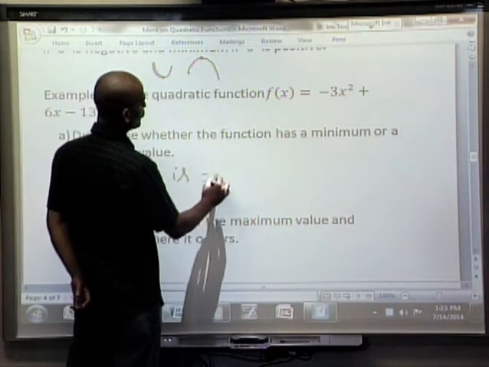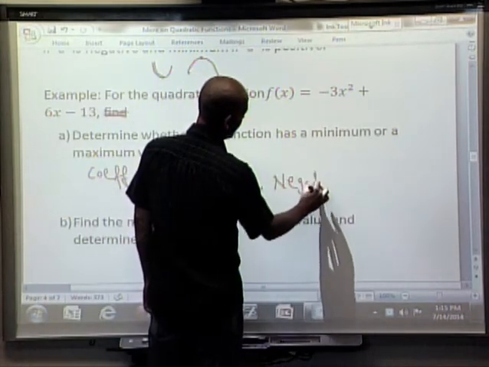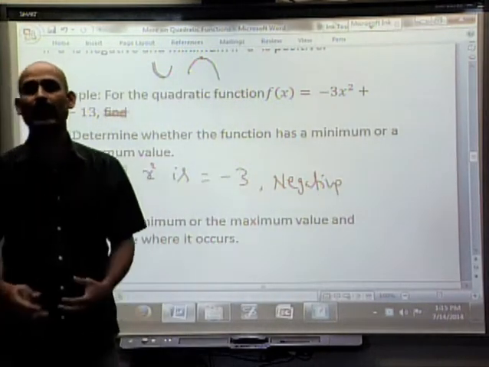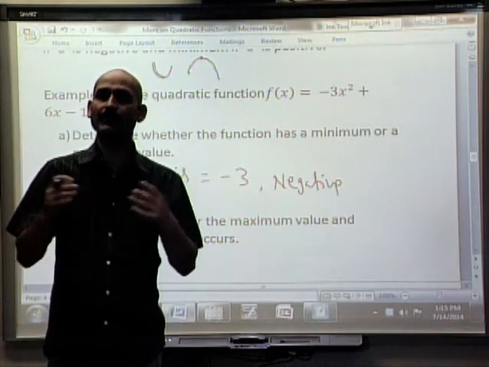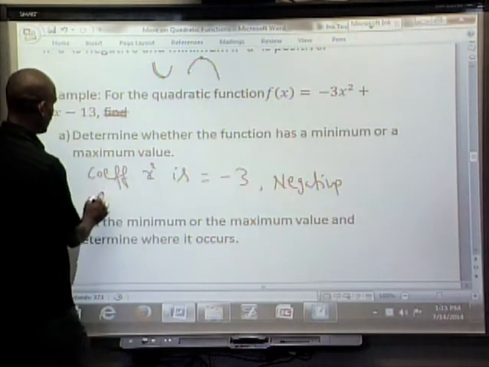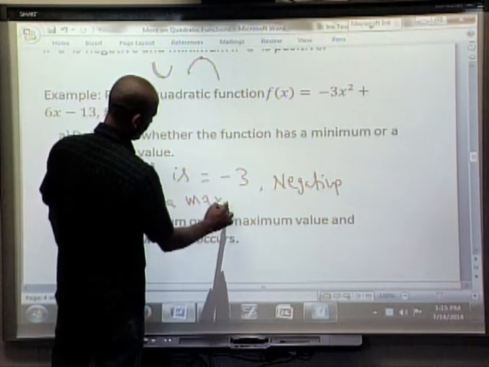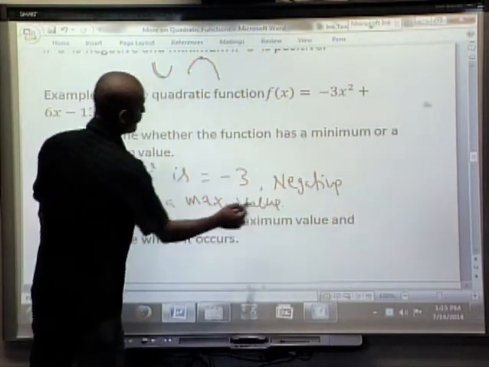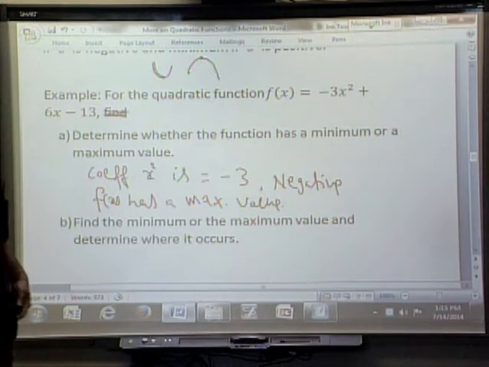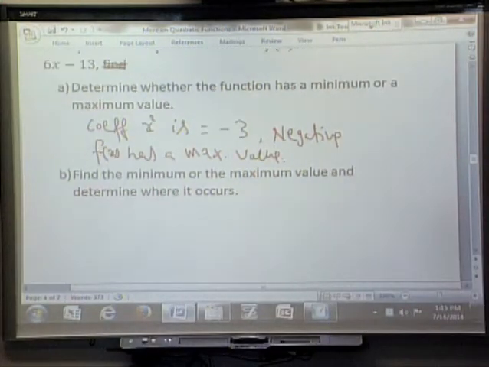This is equal to negative 3, this is negative. Because the number that multiplies x squared, sometimes called the leading coefficient, is negative, this function f of x has a maximum value. If this number was positive, then the function would have a minimum value. So, this function has a maximum value.